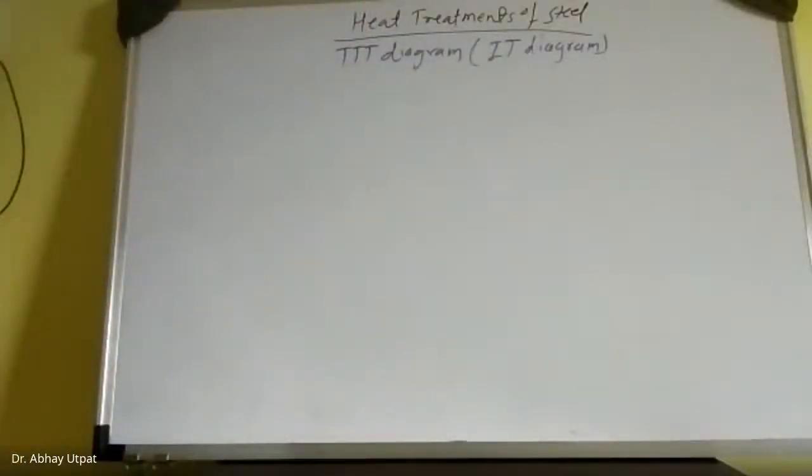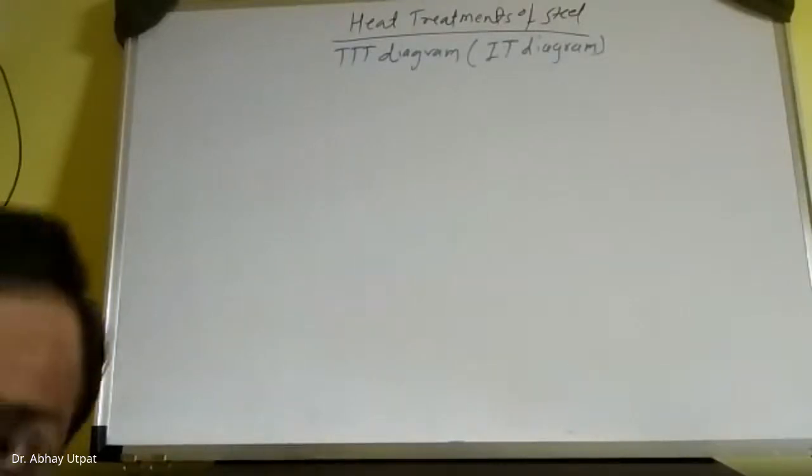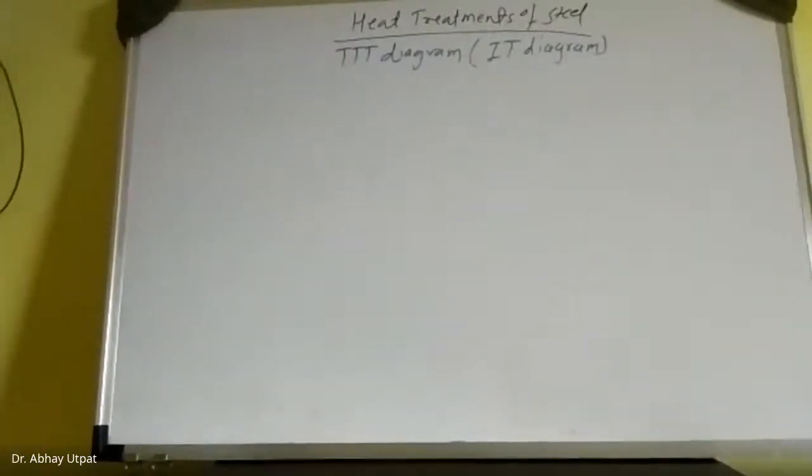Now, how to define? Before we study the procedure for plotting the diagram, what exactly is the meaning of the TTT diagram? The TTT diagram provides a lot of information about the nature, start, and finish of transformation, rate of transformation, and the transformed phases present with the hardness.